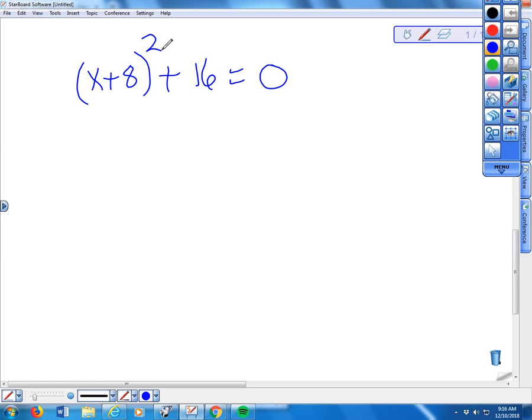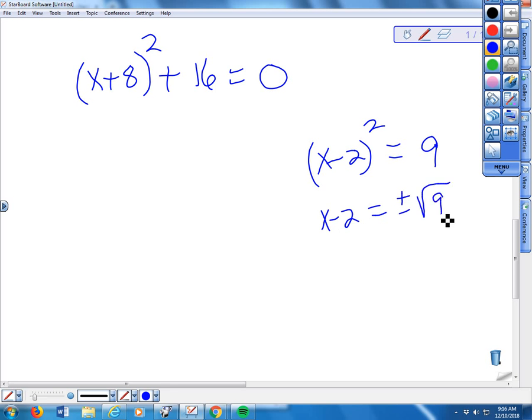Okay, to solve this problem, I take the square root of both sides, right? Then I add 2.